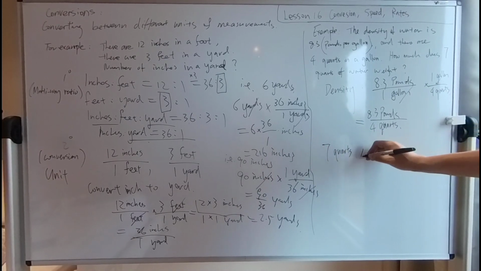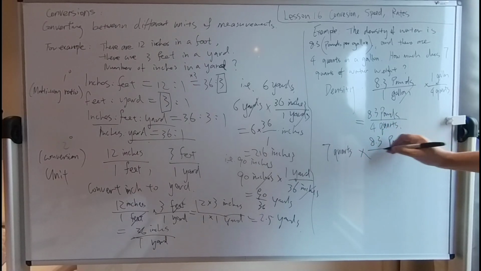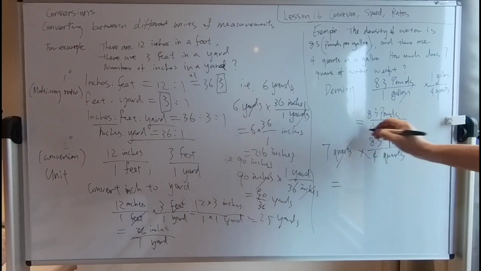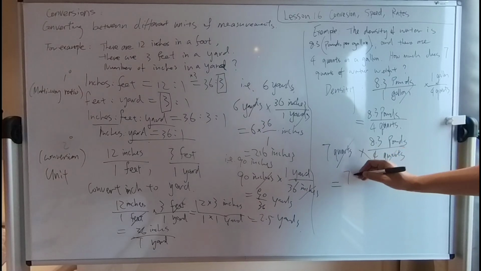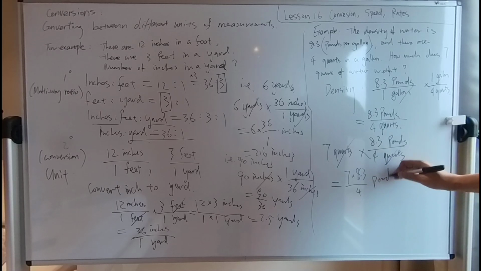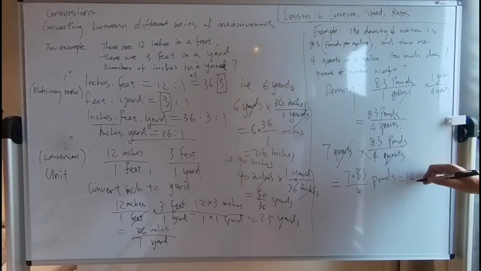So 7 quarts of the water multiplying the density of 8.3 pounds over 4 quarts will give you the quarts canceled out. The only unit left is pounds, which is the unit of weight. So I'm multiplying the right conversion in the right way. Eventually I'll get weight. The numbers will give you 7 times 8.3 over 4 pounds, and you can do the math, but eventually that is 14.525 pounds.